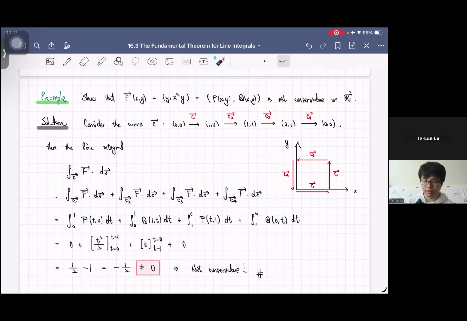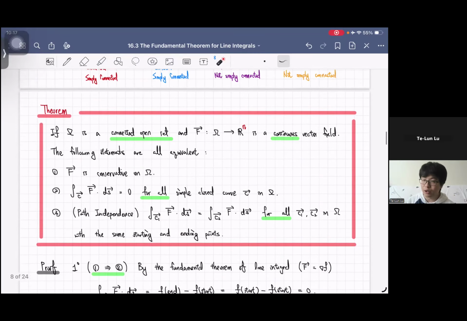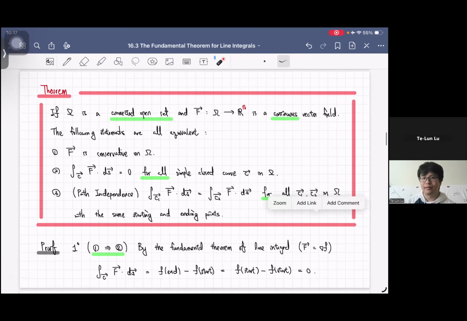Okay. Now, as I mentioned, this is already a very powerful theorem, but there is a difficult task here. Let me try to formulate this. It is kind of simple to prove that a vector field is not conservative, because it only requires you to find a closed path so that the line integral does not vanish.